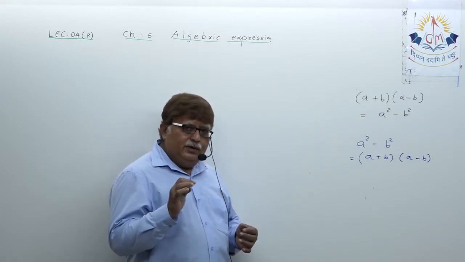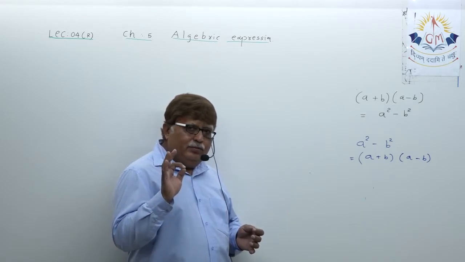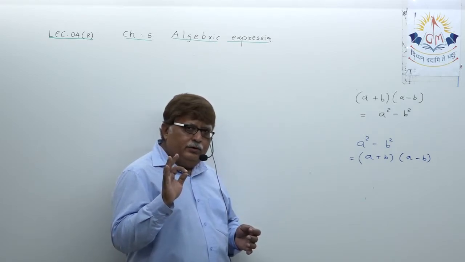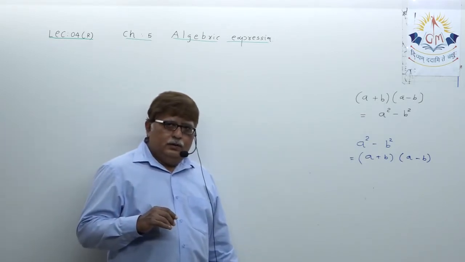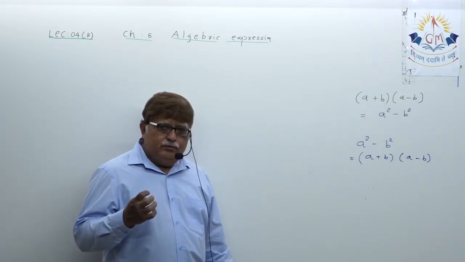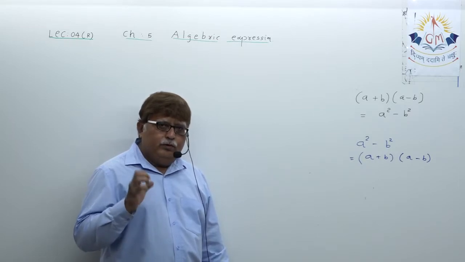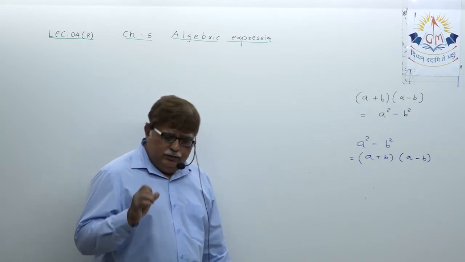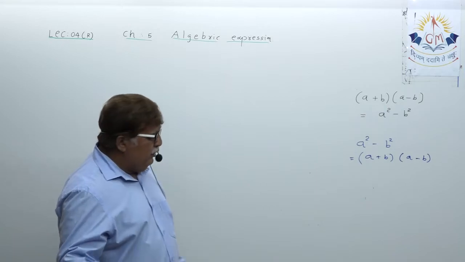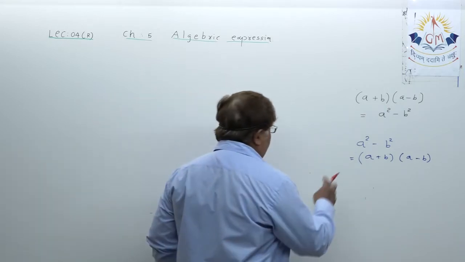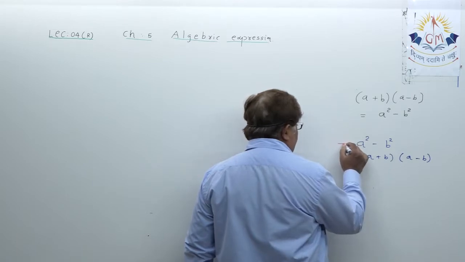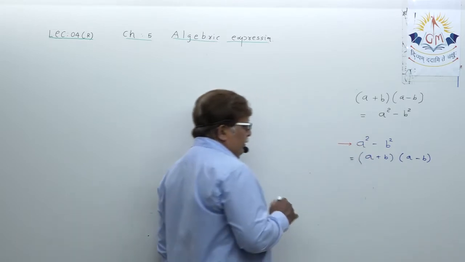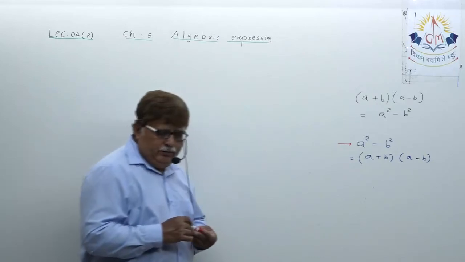So, at least to bring you back on track, I will revise at least one simple example for you, and I will revise those clue points which are essential for application of this particular identity. Understood?